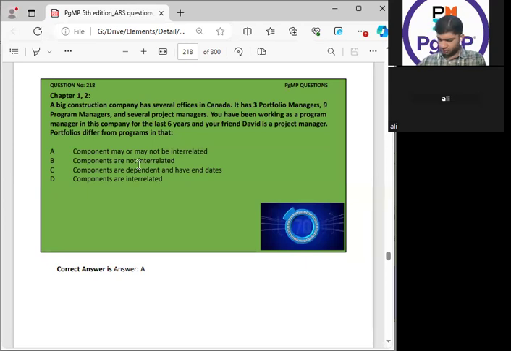In that scenario, whether we are doing the portfolio, the program, or the project, don't you think that the strategy, the bigger picture, is time bound? For example, Microsoft has defined that we need to reach 50% revenue growth in 3 years.